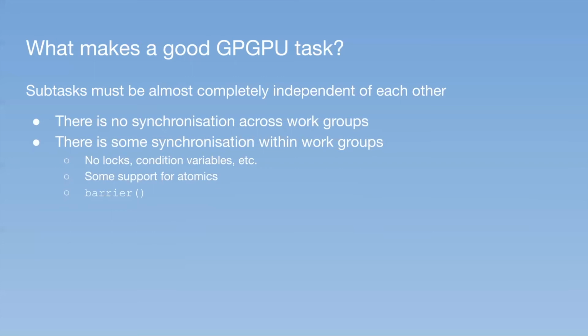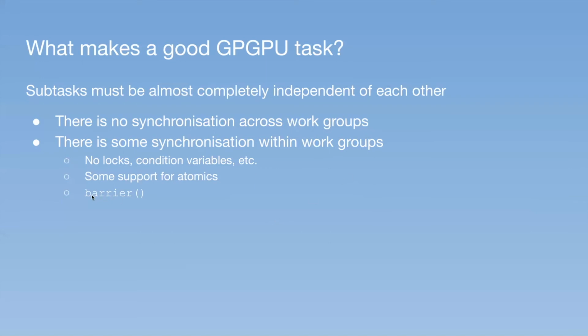If you're within a work group, there is some synchronization, but there aren't any locks, there aren't any condition variables. There are atomic data structures, but they're kind of slow, and you don't really want to use them. The main way of synchronization is going to be this function called barrier.